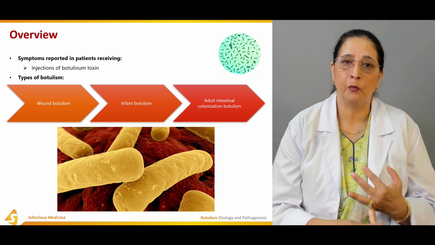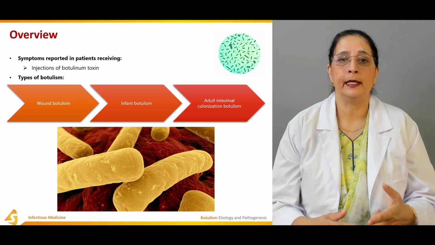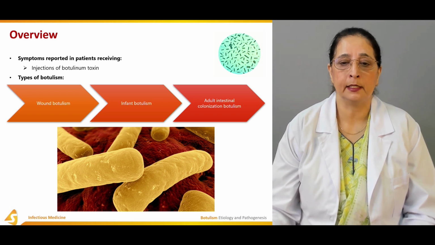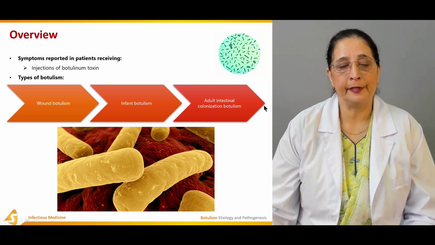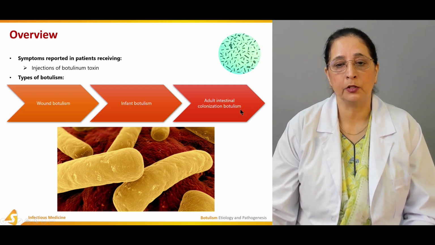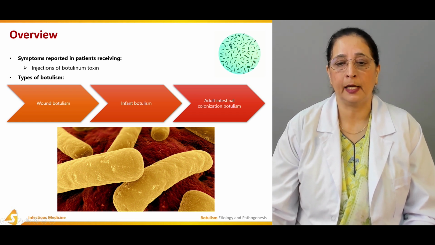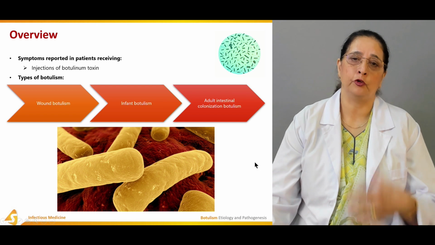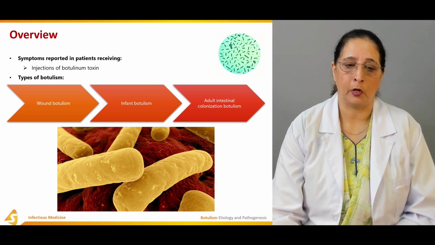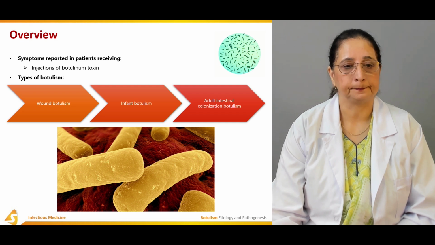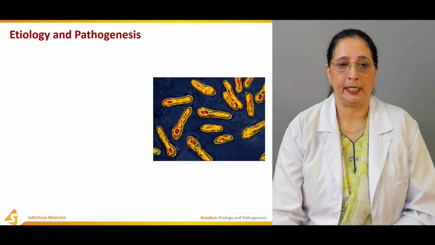We have wound botulism, infant botulism, and then the adult form, which is caused by colonization of the intestine by Clostridium botulinum. So there are three main types of botulism. Etiology and pathogenesis.